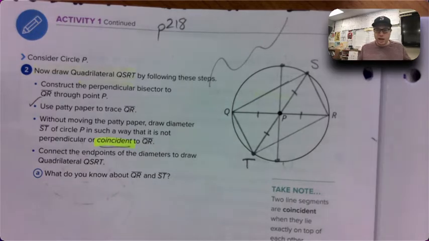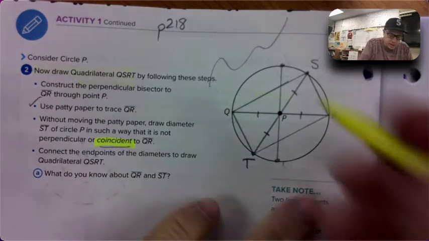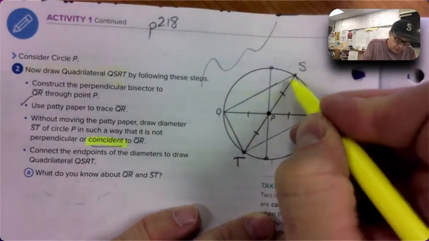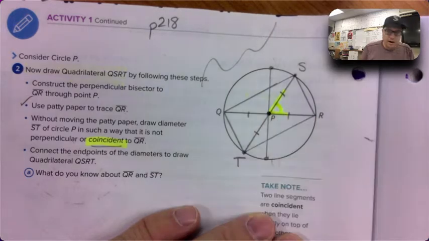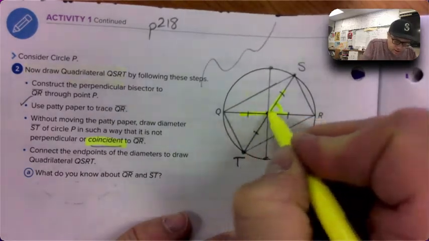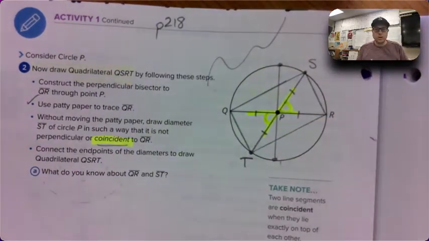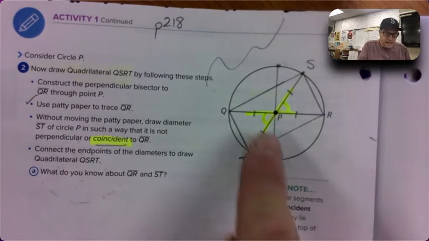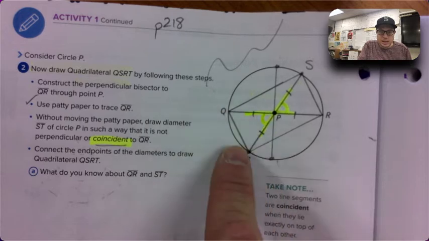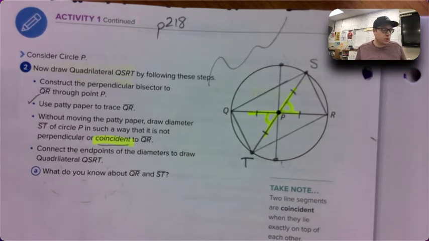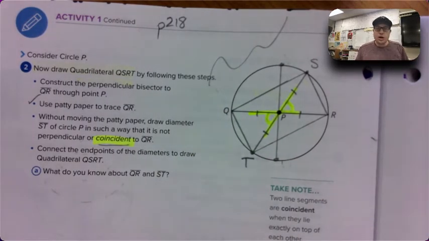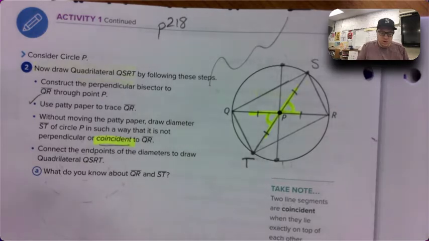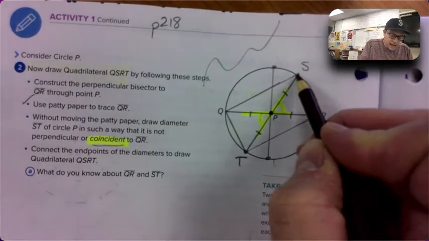This is about vertical angles. Do you see vertical angles in this picture? I sure do. I see a vertical angle made right there with, on the other side, right there. So SPR as an angle has a matching partner, QPT. And they're congruent because vertical angles are the same size. There is another pair of vertical angles in this quadrilateral.